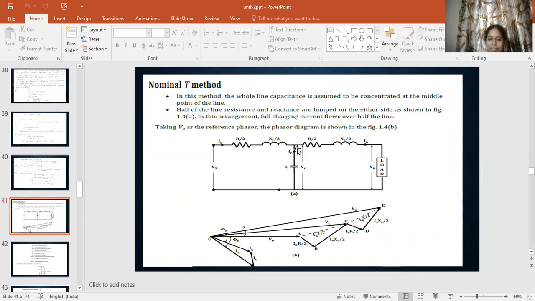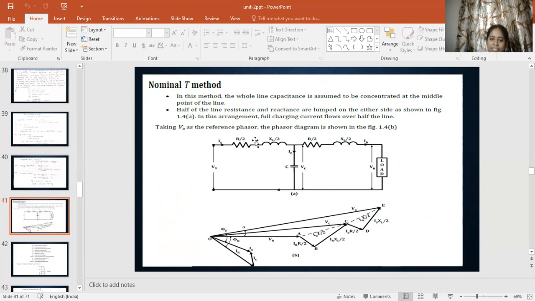Vc equals Vr plus some drop. Traveling here, some voltage drop occurred, and this drop plus Vr is equal to Vc.